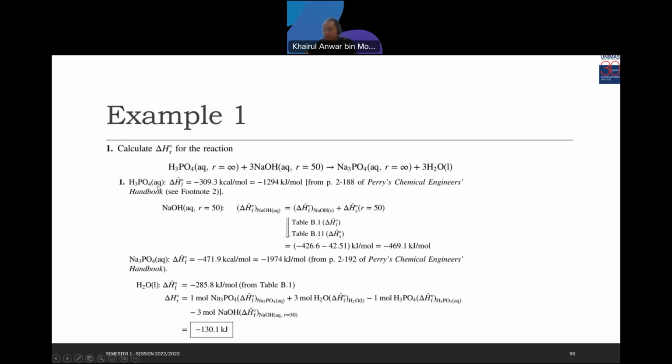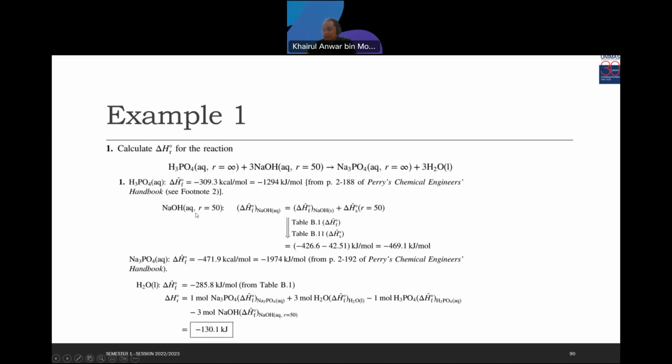For H3PO4, delta HF, the heat of formation, is equal to negative 309.3 kilocalorie per mole, equal to negative 1,294 kilojoule per mole, which is from Perry's Chemical Engineers' Handbook. There's no data for H3PO4 in table B1 or reference books.